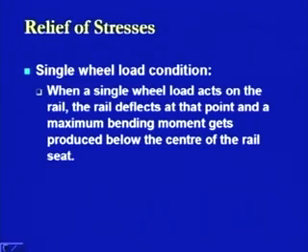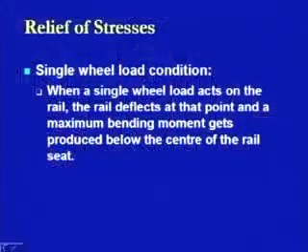In that sense, there will be multiple wheels coming one after the other on the track. So, first of all, we will look at the simpler case where there is only a single wheel load coming from the top, and how the bending moments are induced in this case and what is going to happen as far as the relief of stresses is concerned.